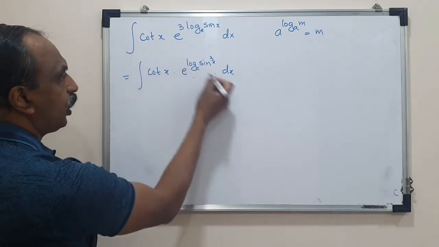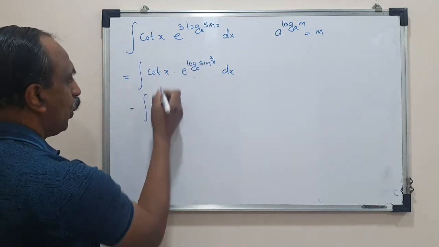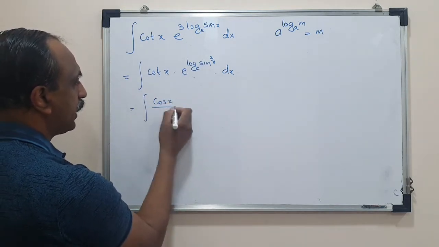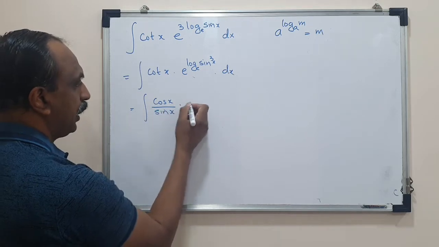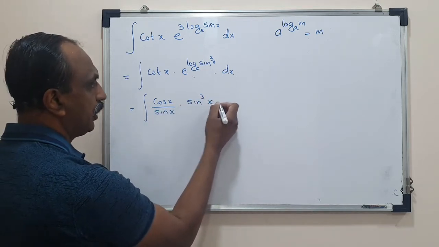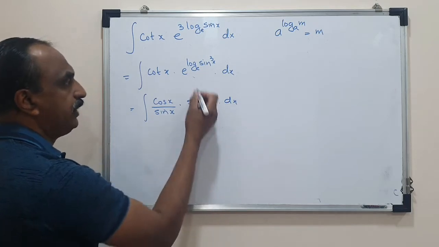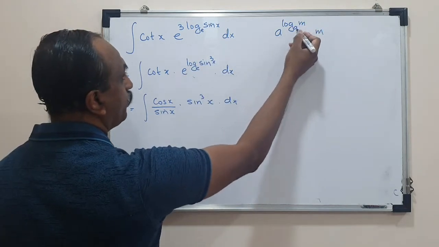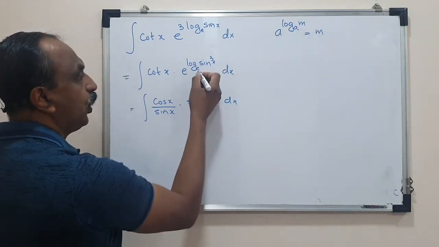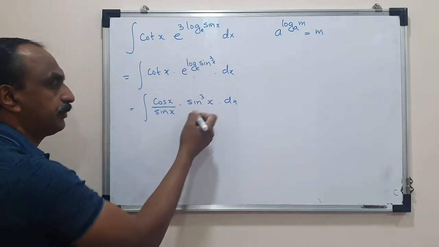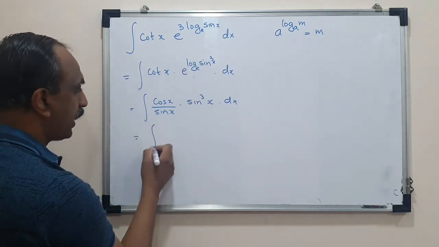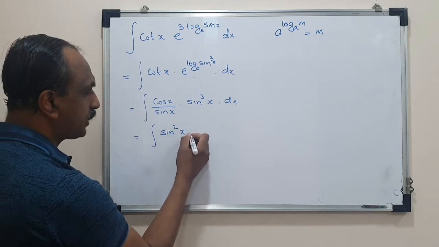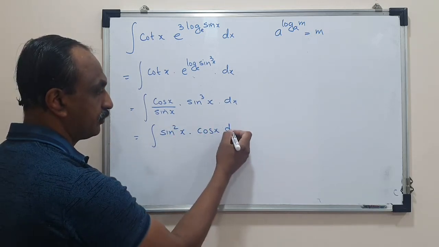Now e and log will get cancelled. Cot x I'm going to write as cos x upon sin x, into sine cube x into dx. So what have I done? A raised to log m to the base a is m. So e raised to log to the base e, they both get cancelled, becoming sine cube x. So I can write this as sine square x into cos x dx.